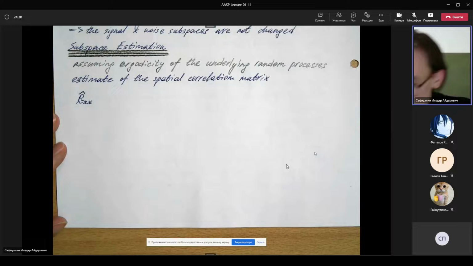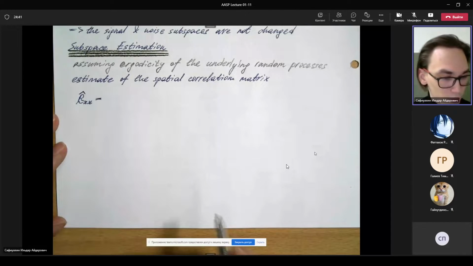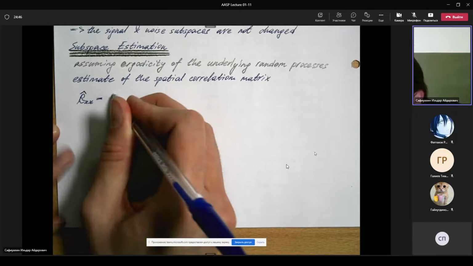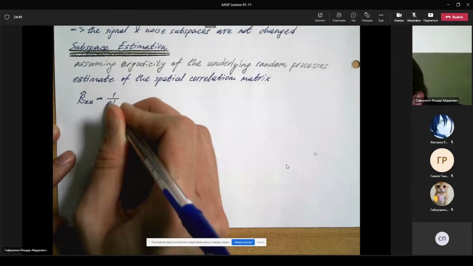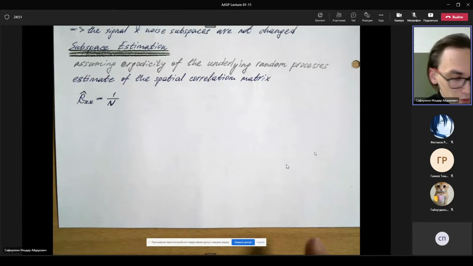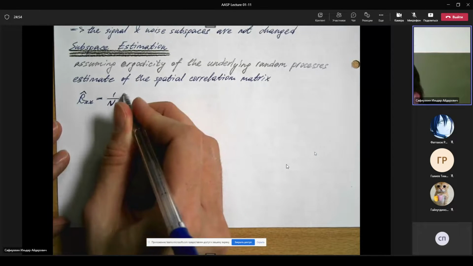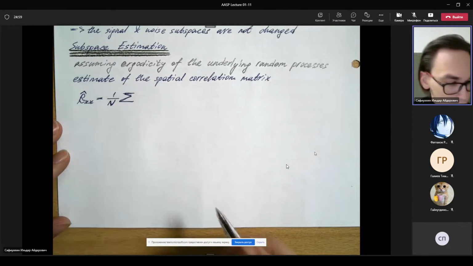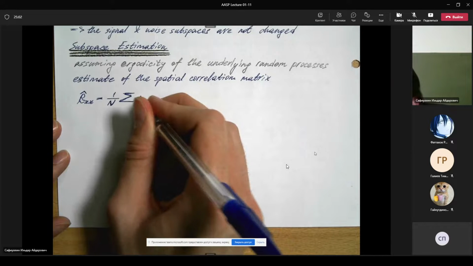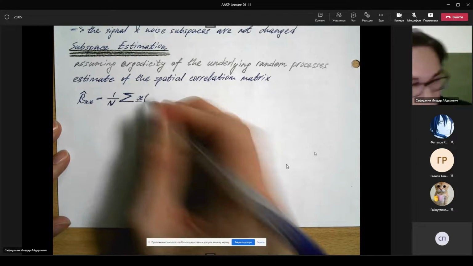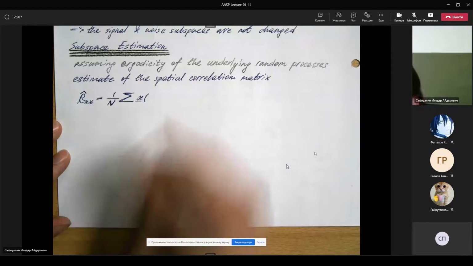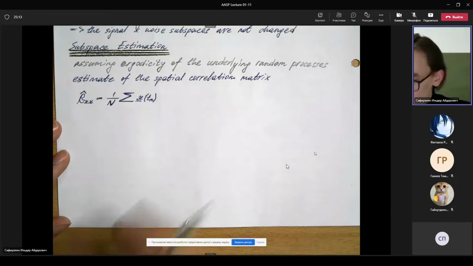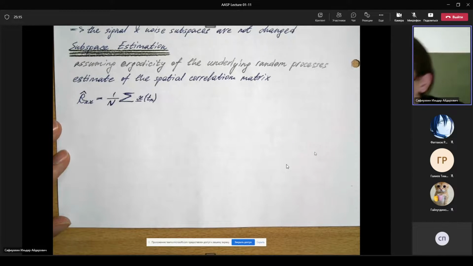So Rxx with hat is equal to 1 divided by N. So it is ensemble averaging, and here we have the sum of vector x for time t subscript n, times the same measurement vector but with Hermitian.